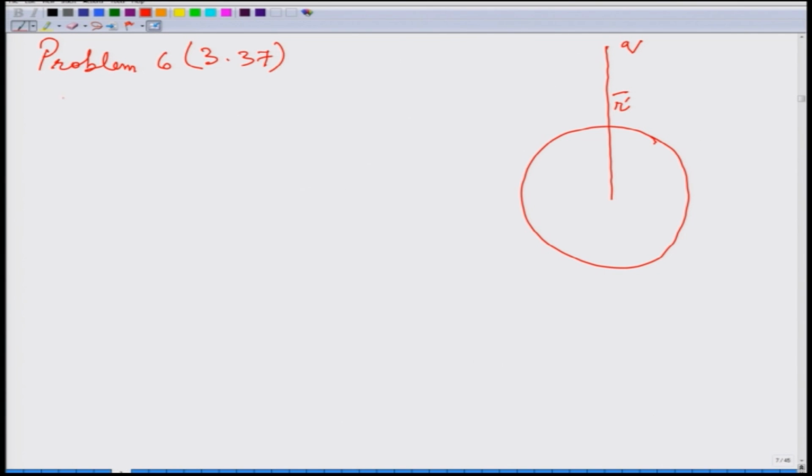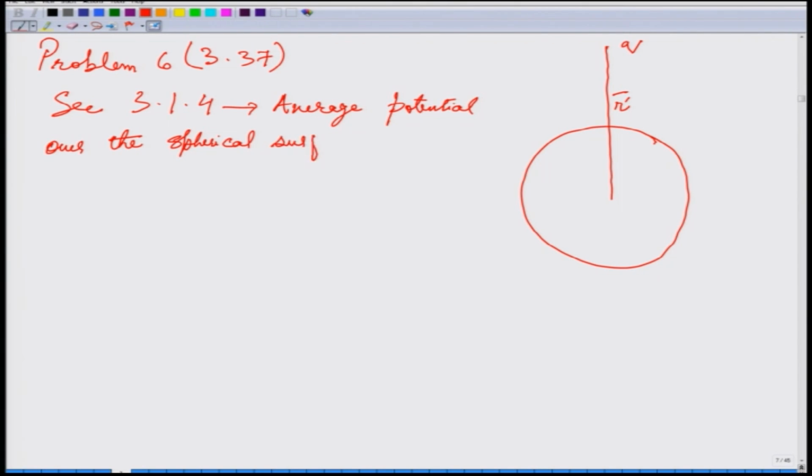See, in section 3.1.4 we said that the average potential over the spherical surface is equal to the potential at the center of the sphere.